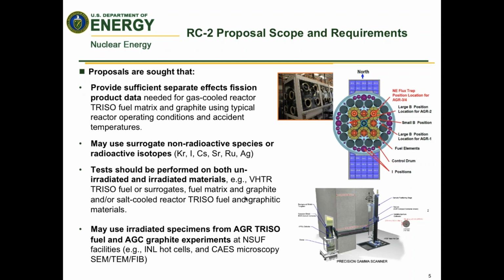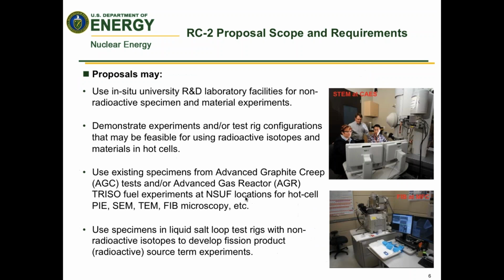And follow-on work can be proposed at the NSUF facilities. For instance, our hot cells, also at Oak Ridge, the Case microscopy lab, the SEM, TEM, and FIB locations. If you have a hot cell at your university and feel comfortable using radioactive isotopes, okay.